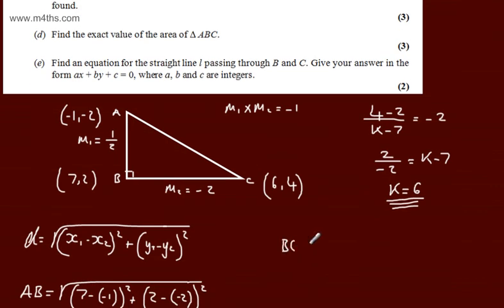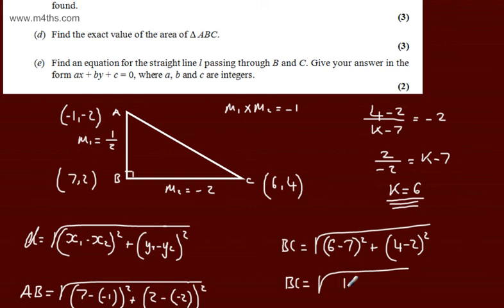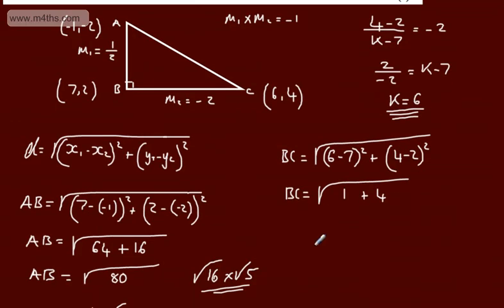The length BC will be equal to the square root of (6 minus 7) squared plus (4 minus 2) squared. So we can say that BC will be equal to the square root of 1 plus 4, which is the root of 5.